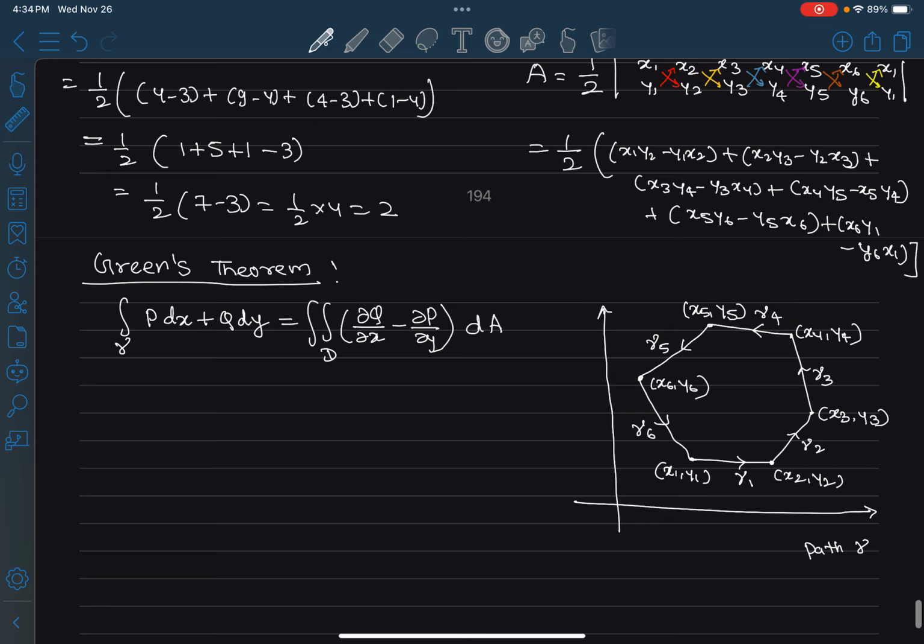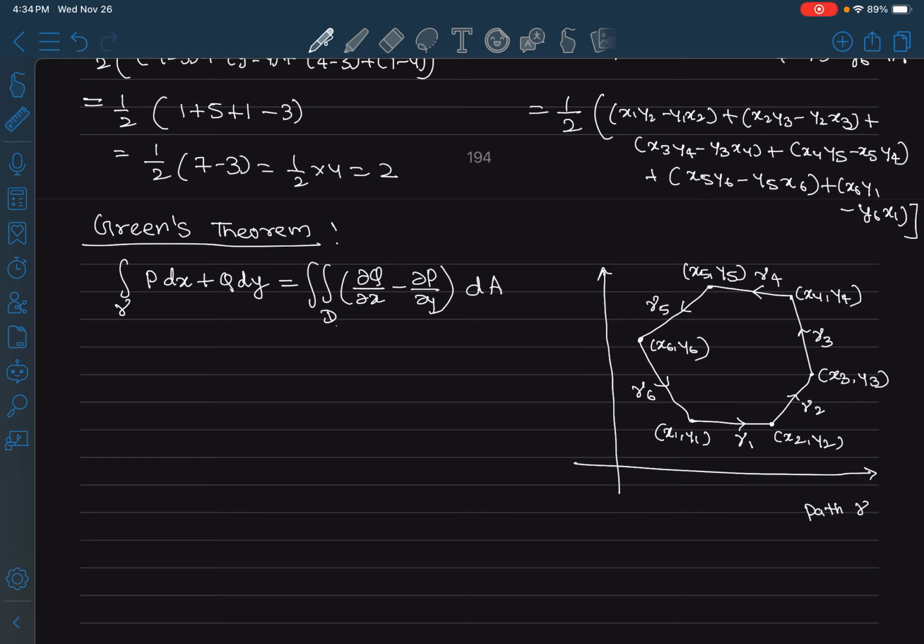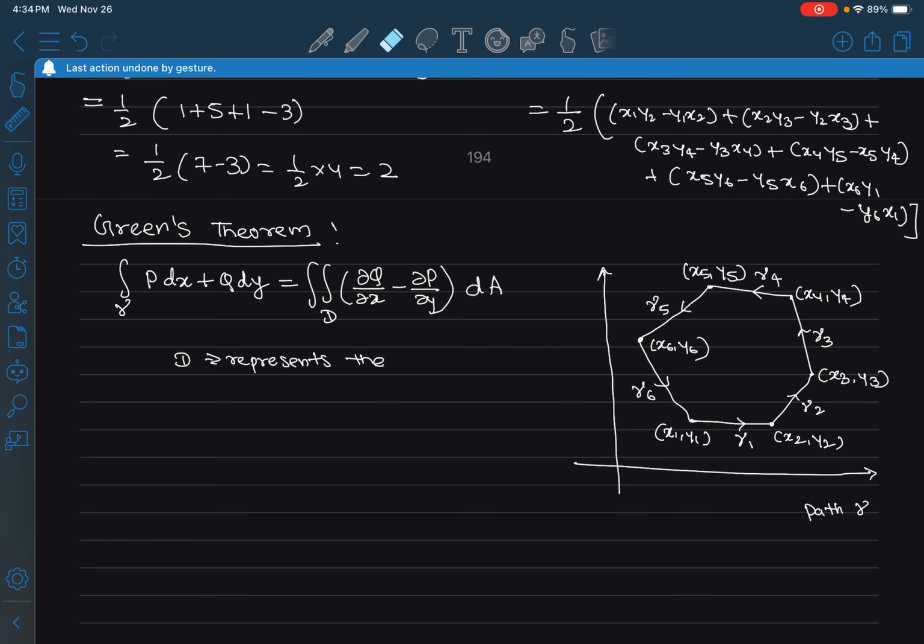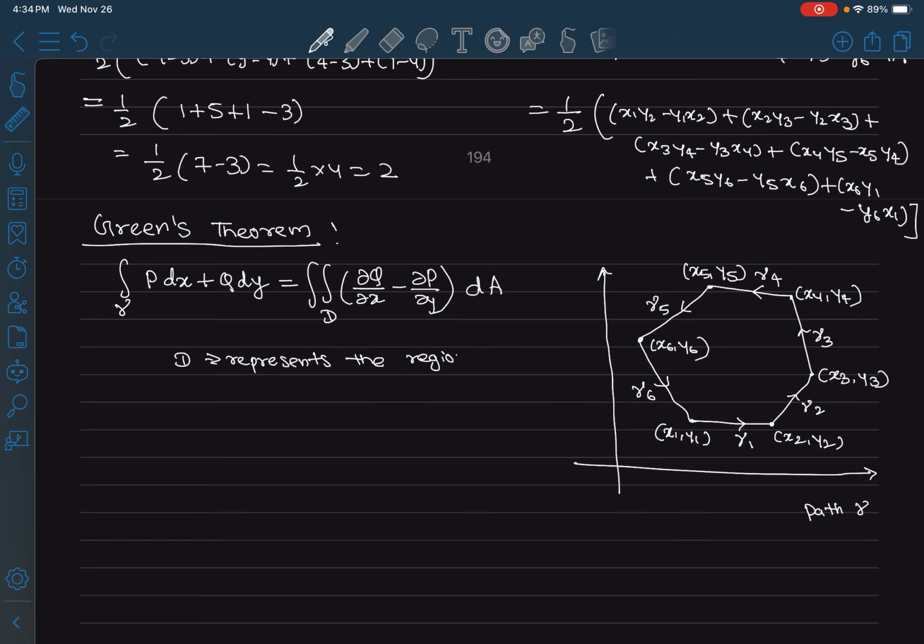Okay, now notice that you can use this formula to find the area of the polygon. So if D represents the bounded region, I can also say D represents the region bounded by path gamma.